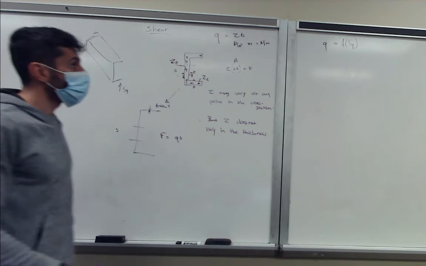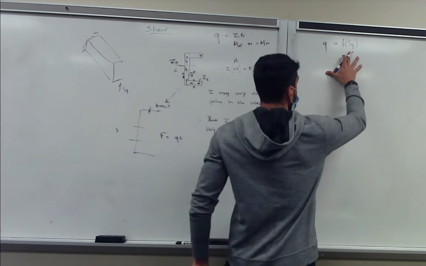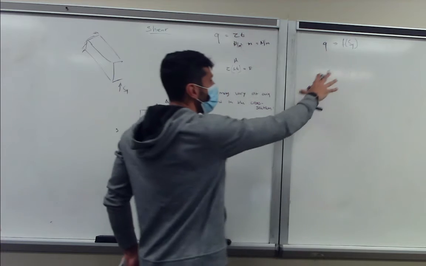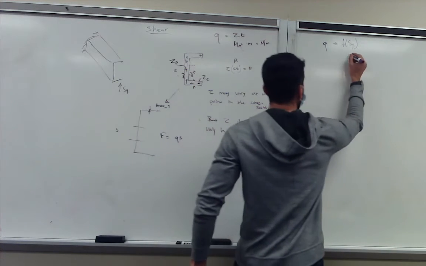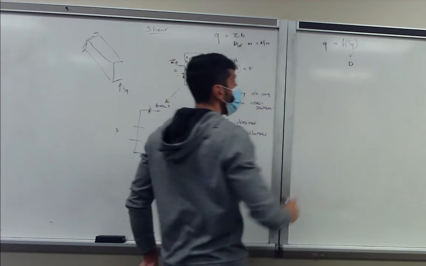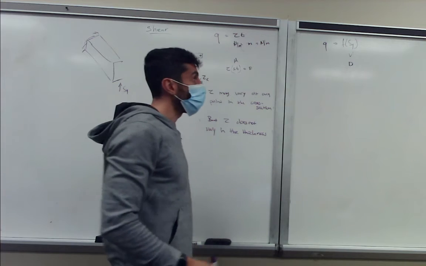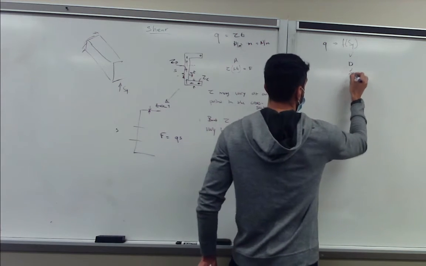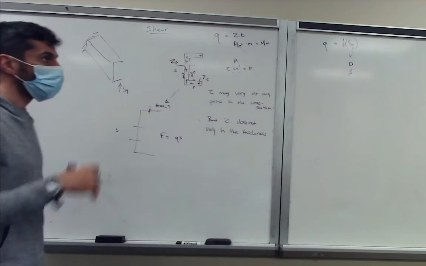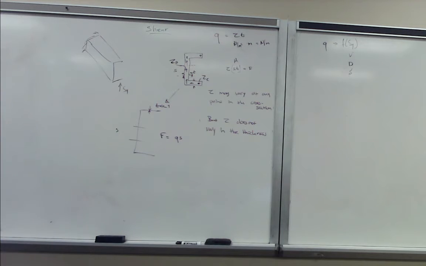By the way, depending on which book you take, shear force can be V, it can be D, or it can be just S. It depends on the notation. In this case, we're going to use Sy, shear force in the Y direction, and Sx, shear force in the X direction.